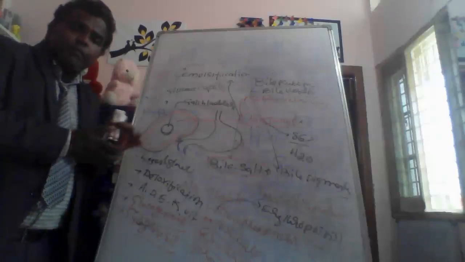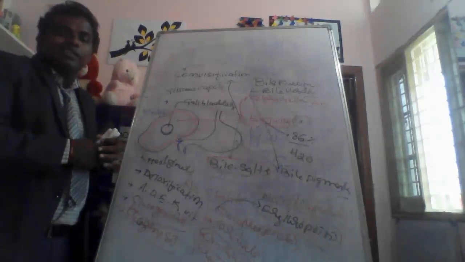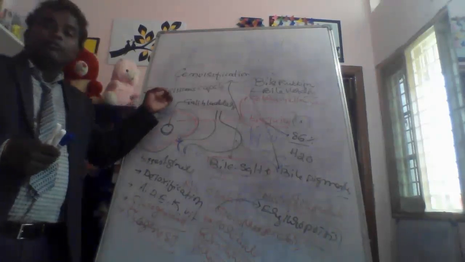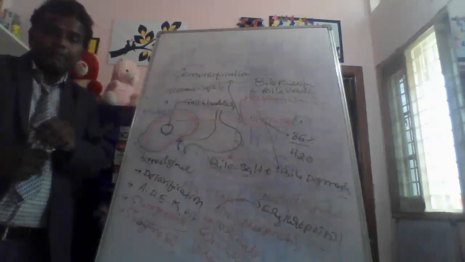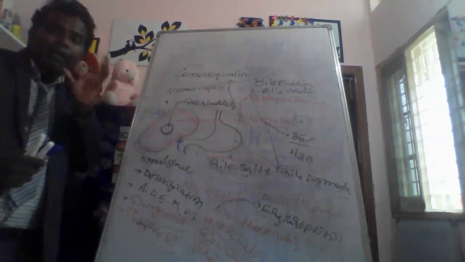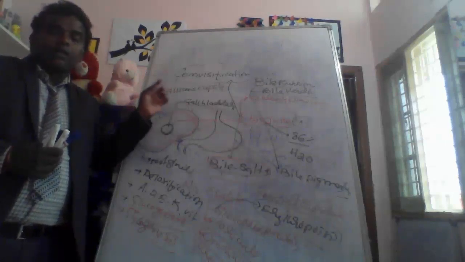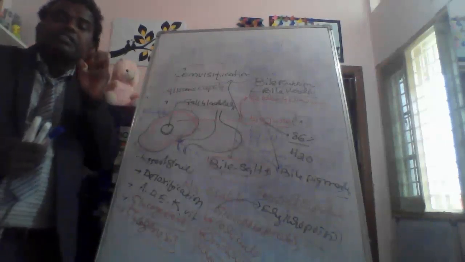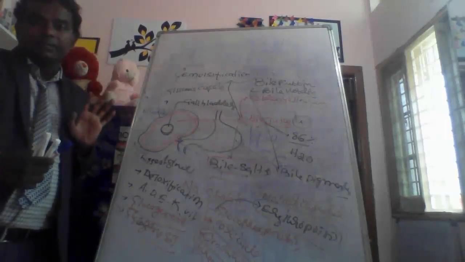The liver is enveloped by one capsule, called Glisson's capsule, right? Next, the liver contains a bulb-like structure called the gallbladder. The gallbladder stores the bile juice, right? That is one of the things.